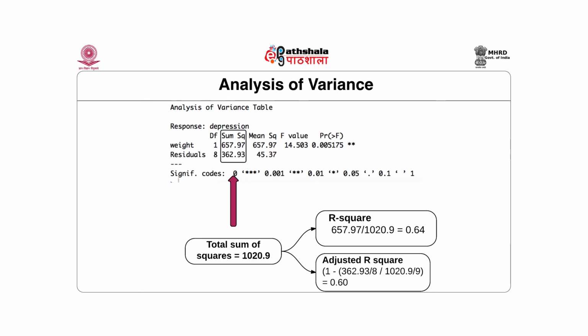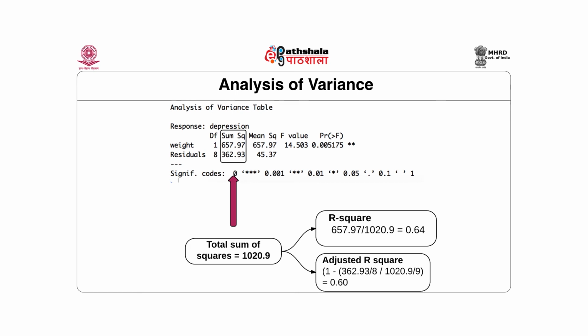In this particular case, it turns out about 64% of the variation in the outcome variable can be explained by the explanatory variable. But the adjusted R squared, which is more accurate because it takes into account the degrees of freedom, shows that about 60% of the depression on the ground is explained by the weight of the roller.